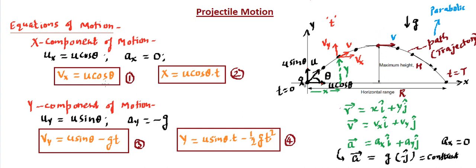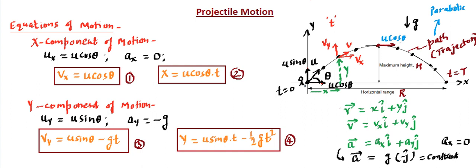Moreover, we have already talked about the horizontal component of velocity remaining constant during the journey, because horizontal motion is a uniform motion. Then we can say this horizontal velocity at the topmost position is going to be u cos theta. So the horizontal component of velocity in the entire journey will remain the same.